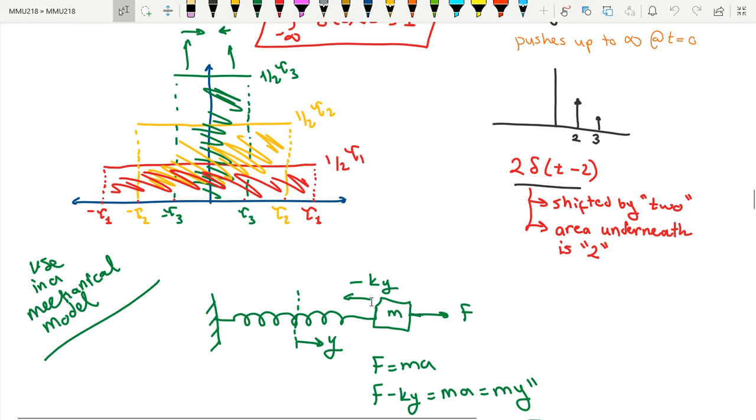I have a spring constant that pulls it towards the wall with a minus ky, and I'm wondering about my position. More interesting is if I give a little push to that mass in the linear direction, a flick.